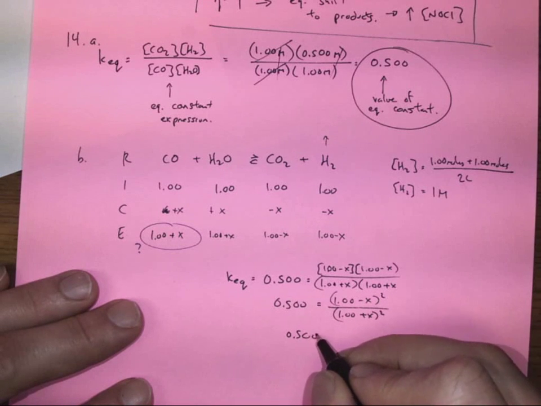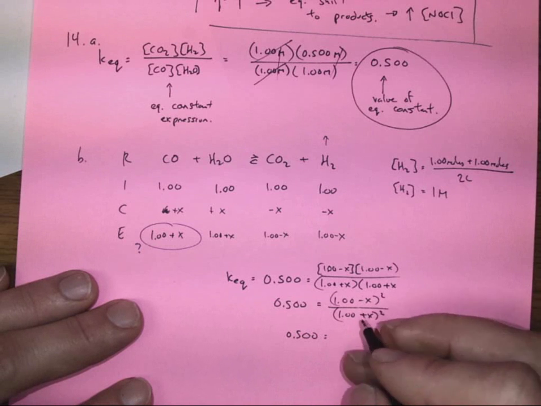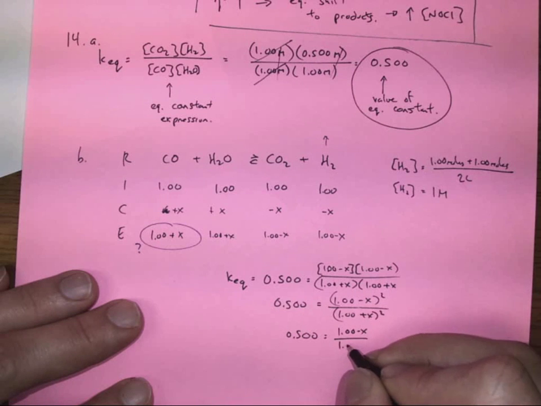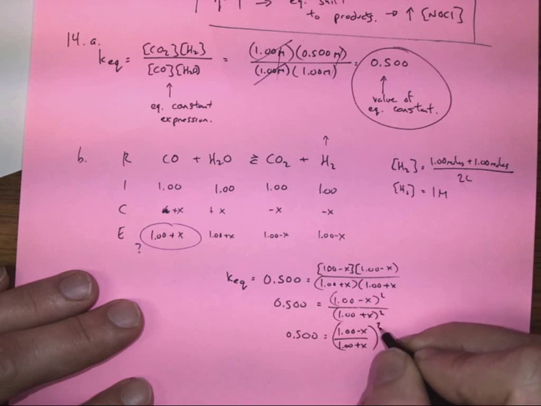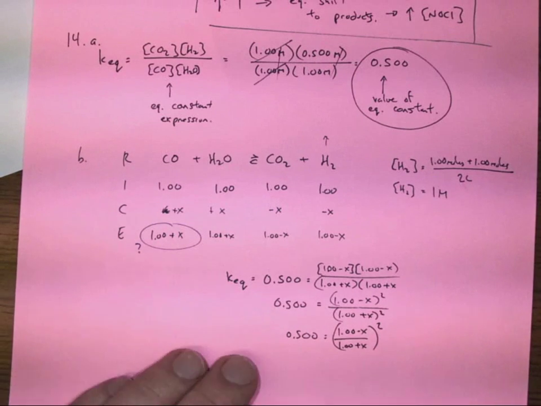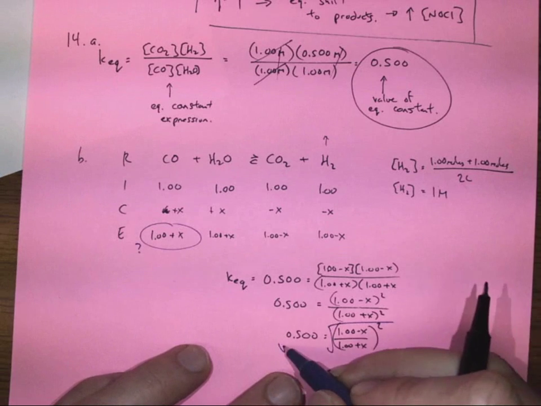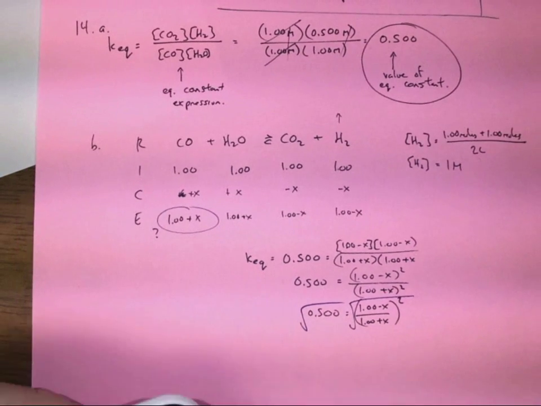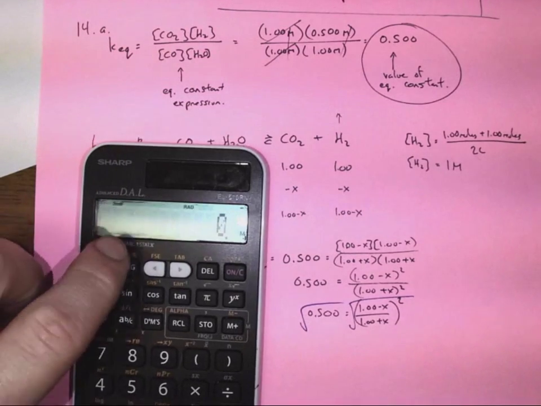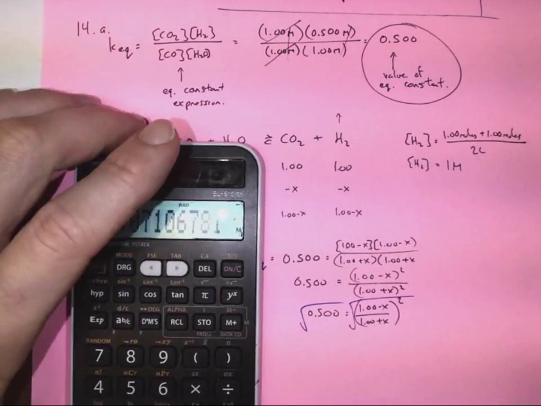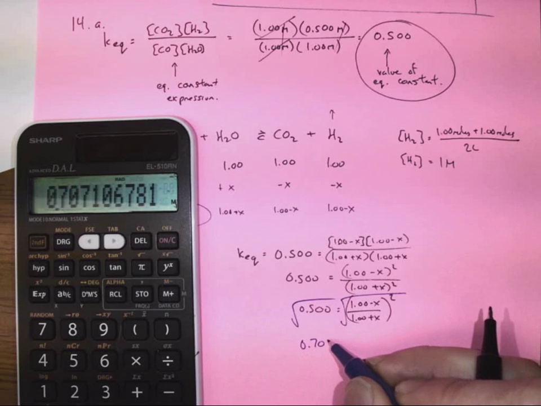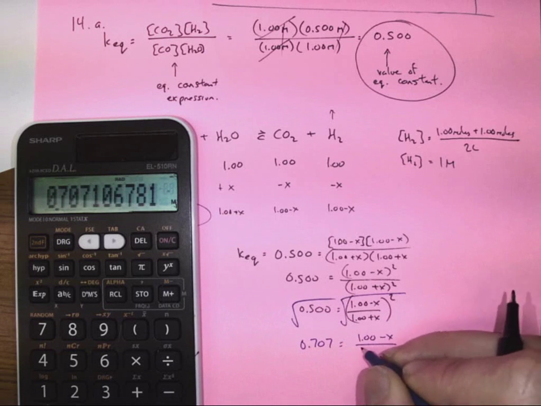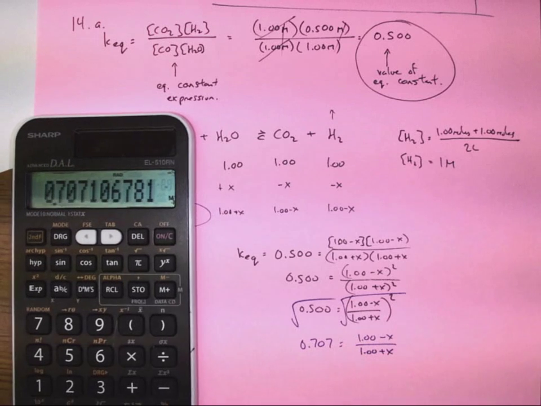The same thing as saying it's 1.00 minus x over 1.00 plus x all squared. Now, no matter how you slice it, you've got to square root to undo that. And so we're going to square root a half, which is like 0.707. And that's equal to 1.00 minus x over 1.00 plus x.